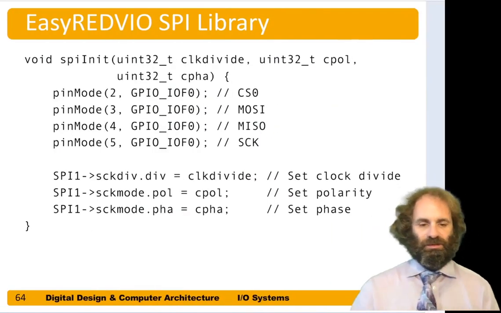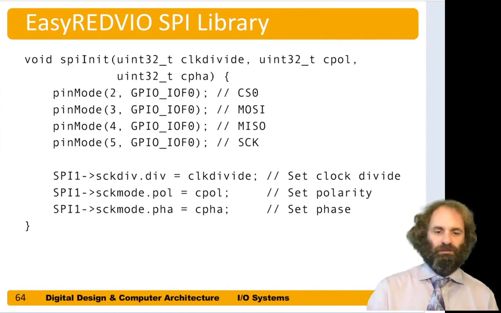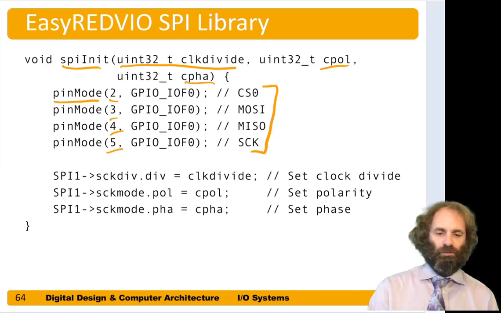All right, so before we can use the SPI, we need to initialize it. Let's have an initialization function that takes the clock divisor, the phase, and the polarity, and sets that all up. We begin by calling the pin mode function, and we'll set pins 2, 3, and 4 for the SPI, all to IO function 0 to use them for SPI.